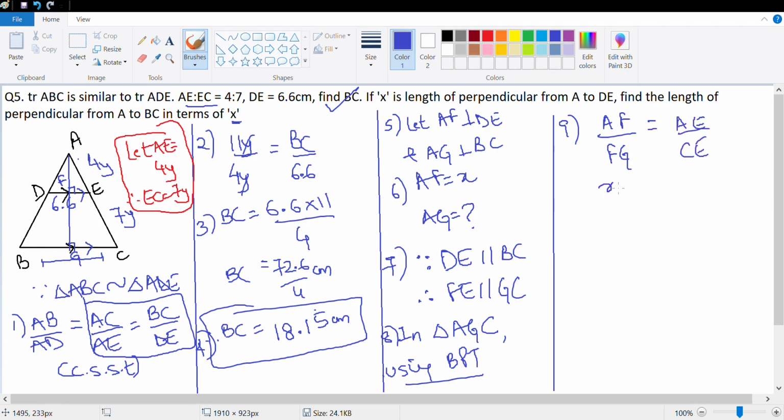Now AF is given as x, FG we don't know, and AE upon CE is 4 upon 7, which means FG is equal to 7 upon 4 x.